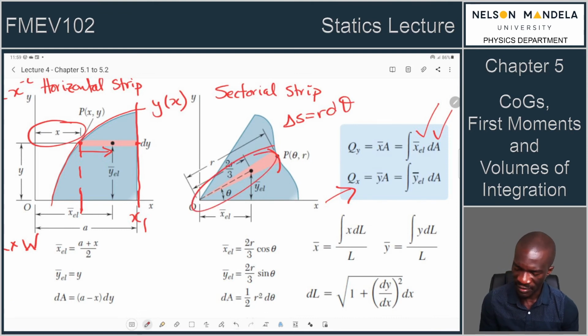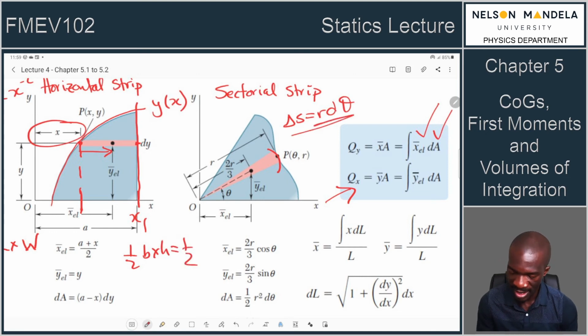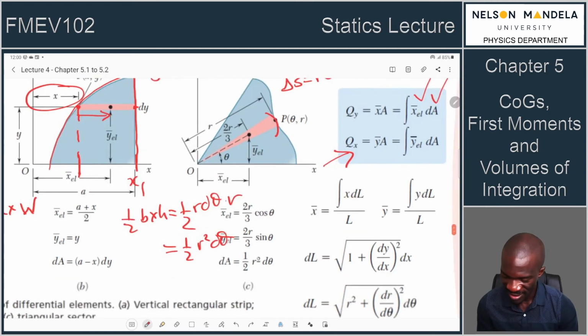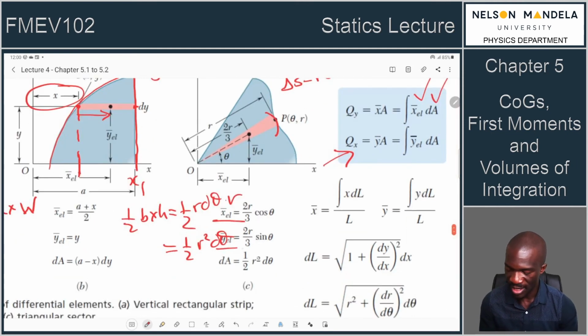For us to find the area of a triangle, we would need half of the base times the height. The base, we said it's r d theta, multiplied by the height, which is an r. So in the end, you have half of r squared d theta, hence the definition of our dA. So if you're working this out, you can simply get all your ducks in a row. First, define your x element, define your y bar element, define your dA, then you can perform the integration.